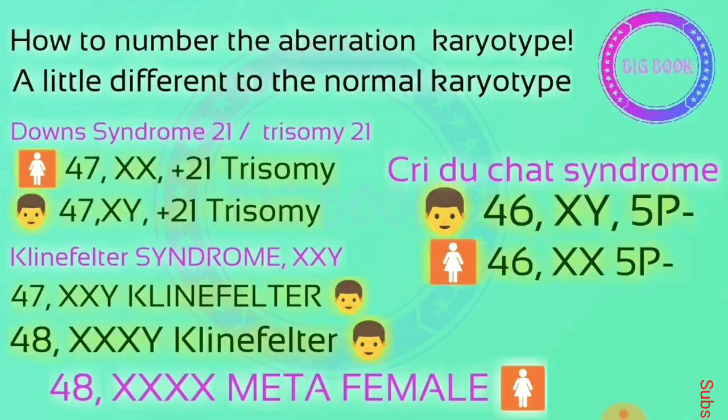Further, we are mentioning the extra chromosome, or the aberration that has caused it, that is the plus 21 chromosome, that is, the 21st autosome is the extra chromosome in this Down syndrome, that is, 3 chromosomes of number 21 are present. So Down syndrome is also called trisomy 21.